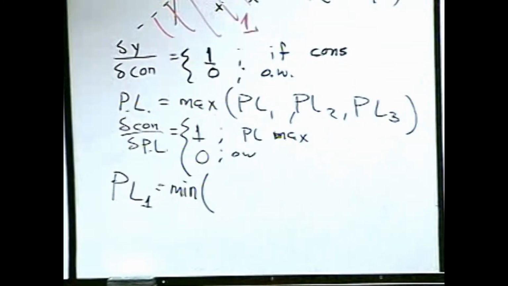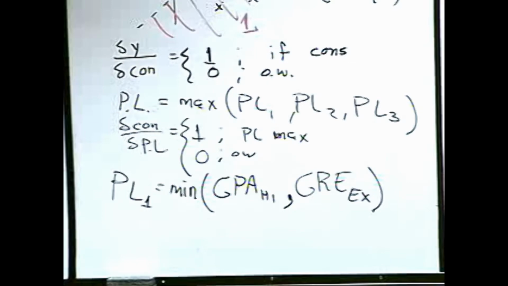Positive large 1 is equal to the minimum of this antecedent, GPA high, and what? GRE excellent. Right? This value came from here, and maybe this originally was a 0.9.